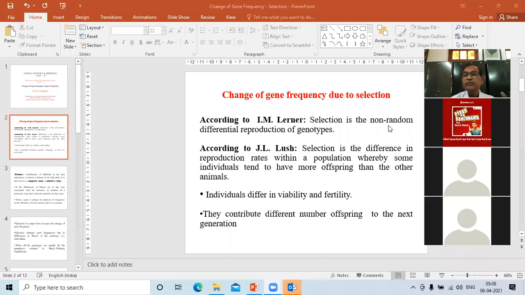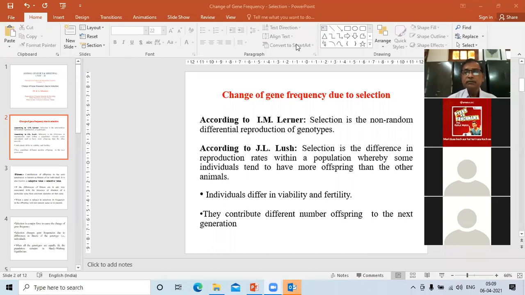So when we restrict the random, the opposite word is non-random. So selection is non-random, because we are selecting some individuals which are definitely better or carrying the superior genes among the individuals in the population. That's why we select, and we allow them to produce the progeny for the next generation.